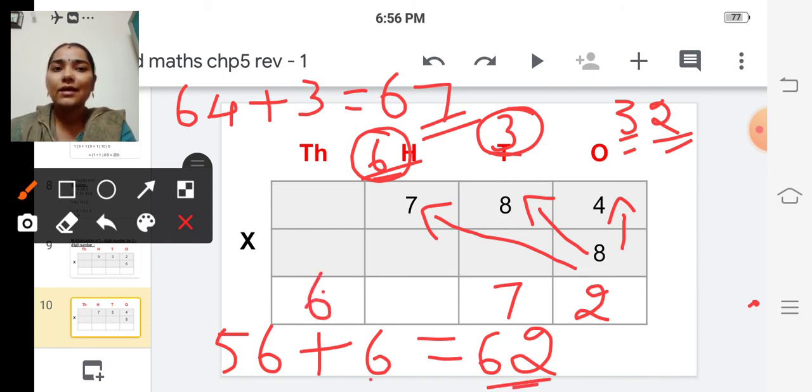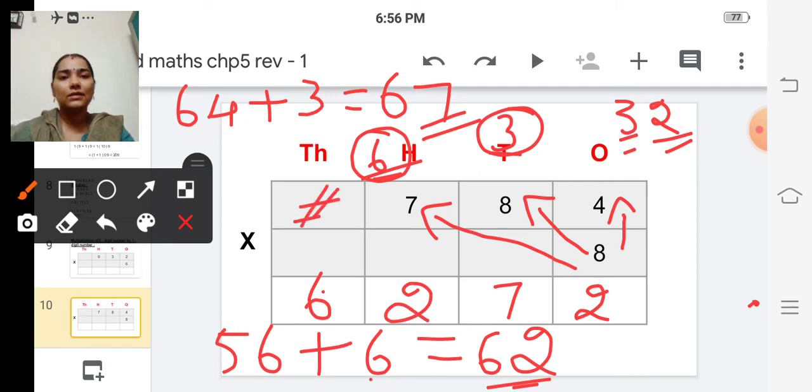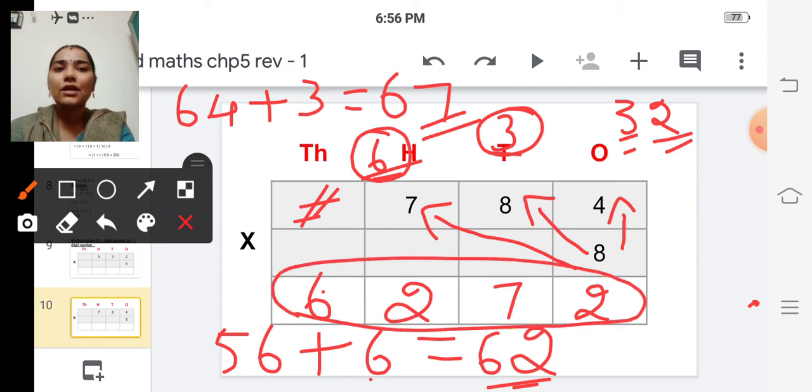So we can directly write 62 since we don't have any number in thousands place. So the answer is 6272.